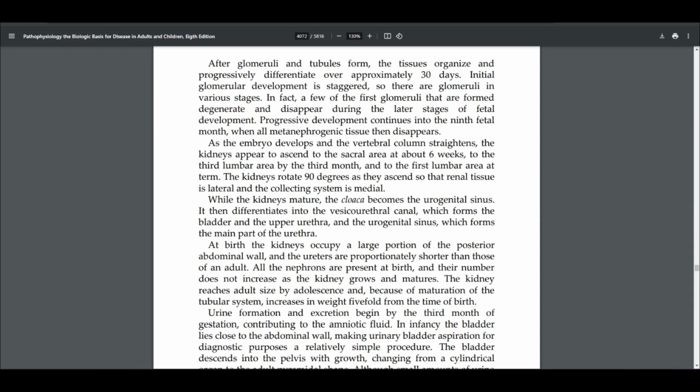As the embryo develops and the vertebral column straightens, the kidneys appear to ascend to the sacral area at about 6 weeks, to the third lumbar area by the third month, and to the first lumbar area at term. The kidneys rotate 90 degrees as they ascend so that renal tissue is lateral and the collecting system is medial.